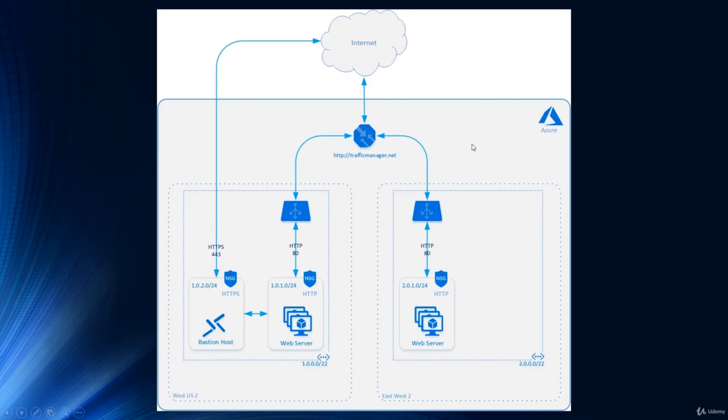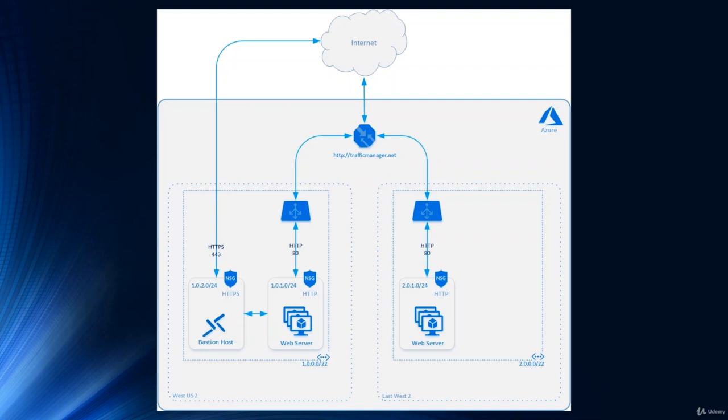So this is the infrastructure that we're ultimately going to build. We're going to start off with the kind of basics, creating resource groups, building network components like subnets and VNets, and then we'll start piecing all of these together.